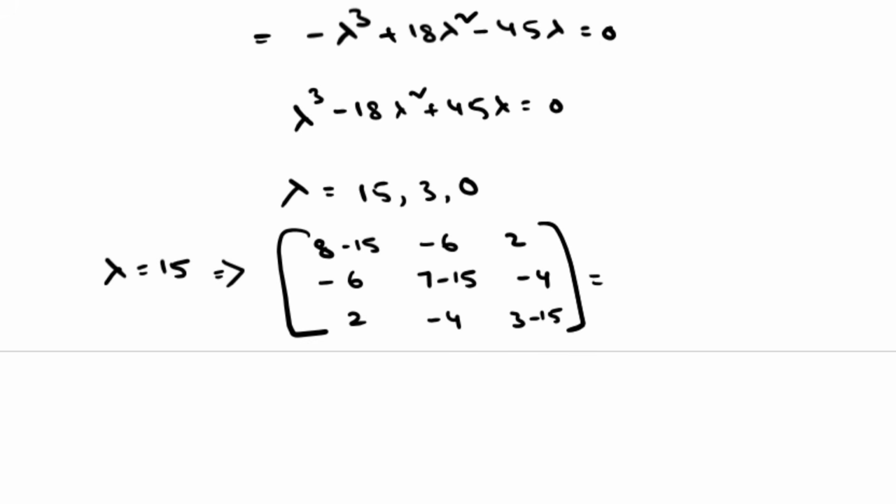This matrix will be minus 7, minus 6, 2; minus 6, minus 8, minus 4; 2, minus 4, minus 12.